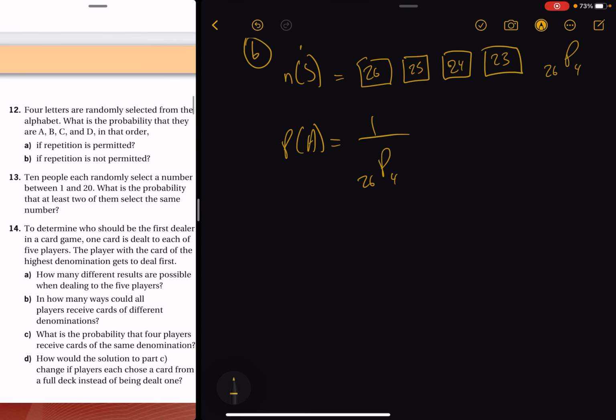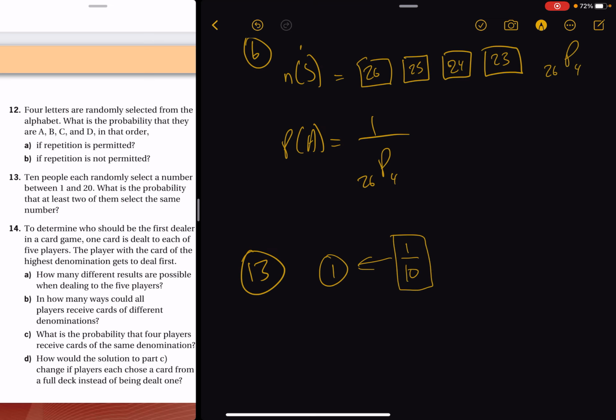Next, 13. 10 people each randomly select a number between 1 and 20. What is the probability that at least 2 of them select the same number? So this is exactly like the birthday question, because if one person selects a number, then the next person is more likely to get it.